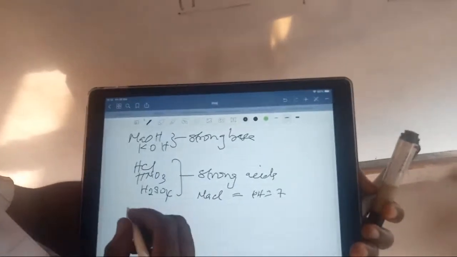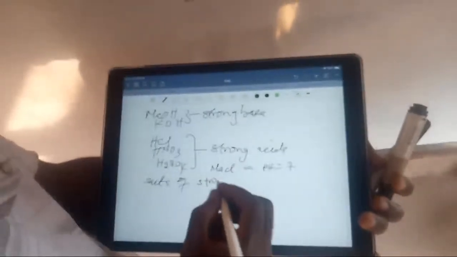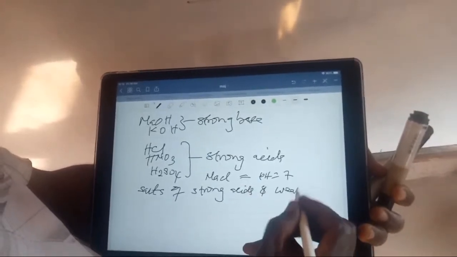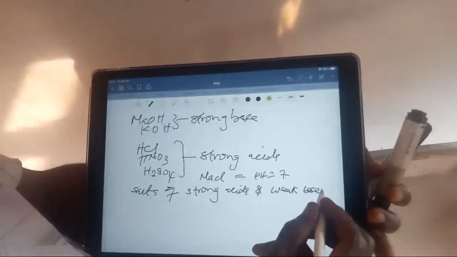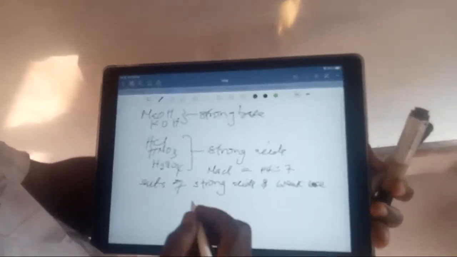So a salt of strong acid and strong base does not actually hydrolyze, and it gives us a neutral solution. Another one is salts of strong acids and weak bases. Please, the strong one wins. Strong acid and weak base, they will hydrolyze.